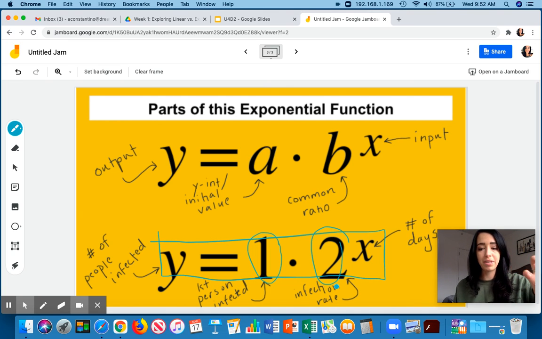And so what happens is the number of people infected doubles, right? Which is where we get this 2. This is really like multiplying by 2, right? Which is what we did in the table. Our input is the number of days in the pandemic, and then our output is the total number of people infected.